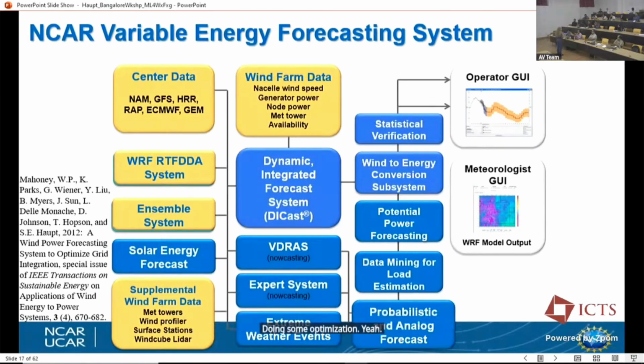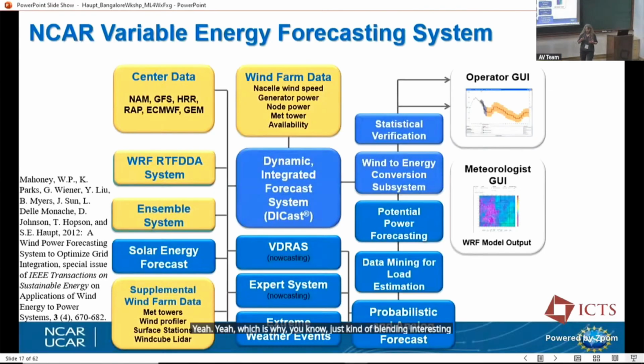Yeah, it's really something like least squares, a little bit fancier, but very similar to a least squares optimizer on both the bias correction and on the blending part of it. Okay, so it is far better than taking an average. Yeah, which is why blending interesting stochastic techniques and statistical methods did better.